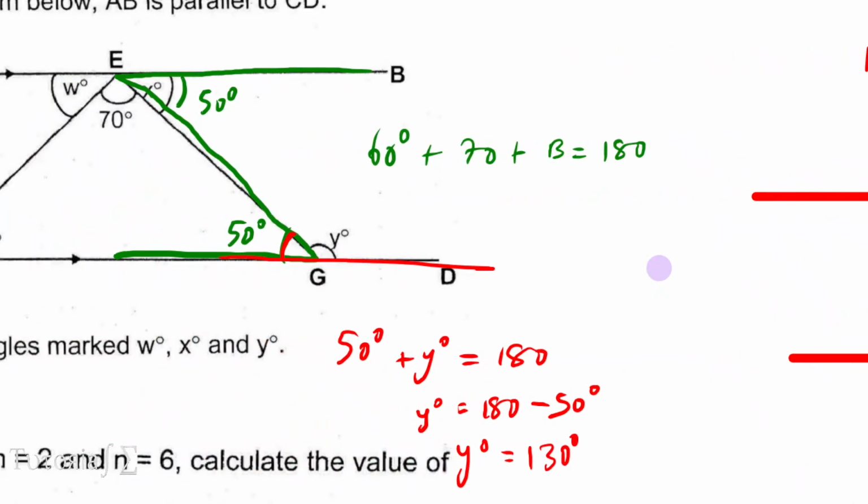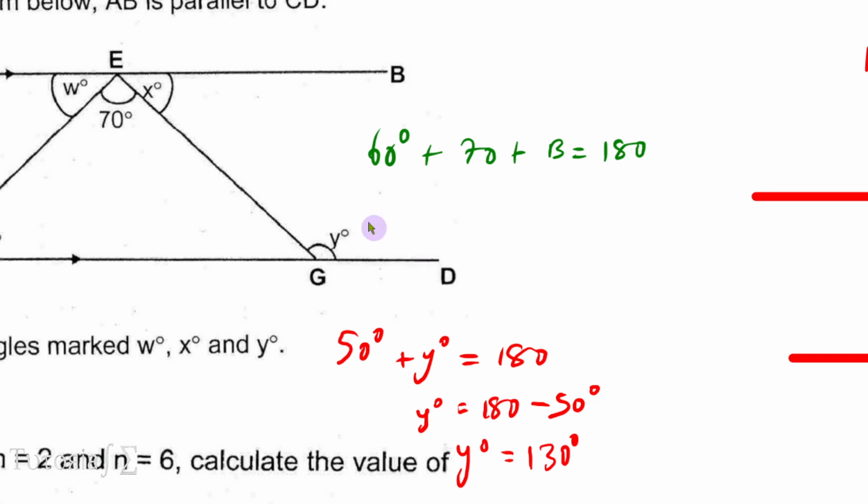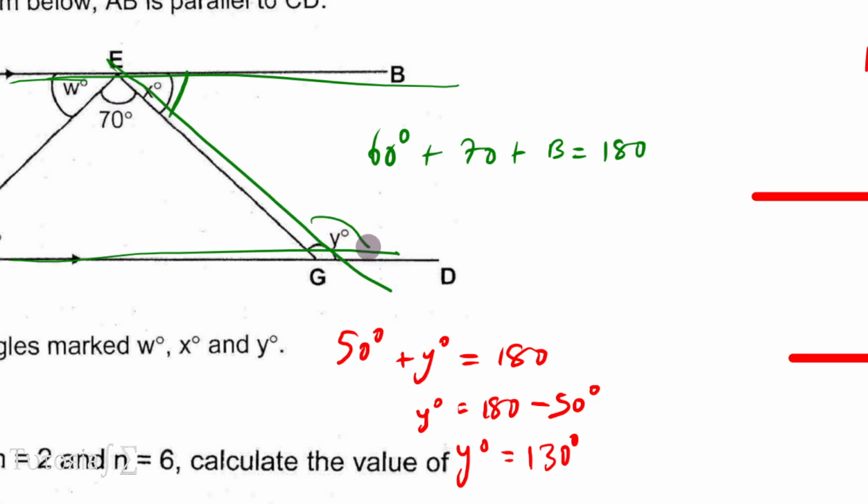So in this case, we see that this line here and this line are parallel, and that is the line that is cutting here. So this one and this one should add up to 180. Just say X degrees plus Y degrees should be equal to 180.